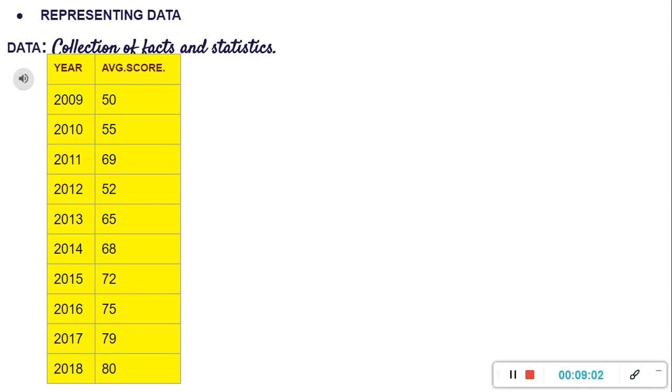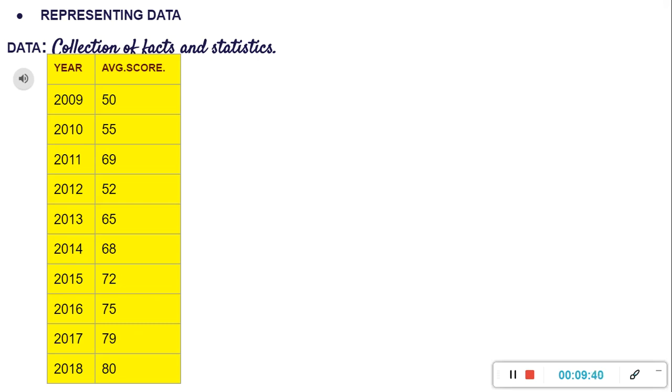And now from all that data, you have to find out some average score for every year. Let's think of it this way: every year starting from 2009, then 2010, then 11, 12, and so on, finally till 2018. For every year, you will have to find the average score, looking at the score of all the students for that particular year.